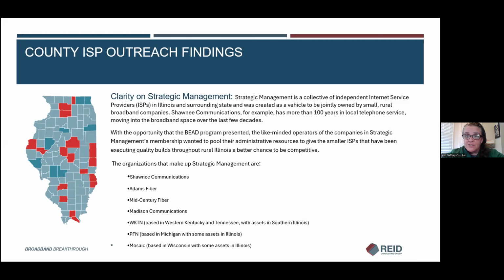They have these very small service areas that they have worked out from to build. They have been previously awarded state grants or federal grants. They've done what they've said that they were going to do. And the service is pretty good. So if you have been in contact with any of these groups that are listed, this is what we understand the makeup of Strategic Management to be.